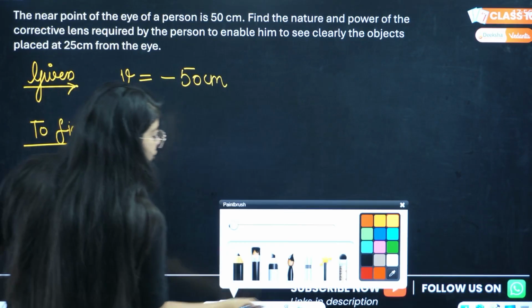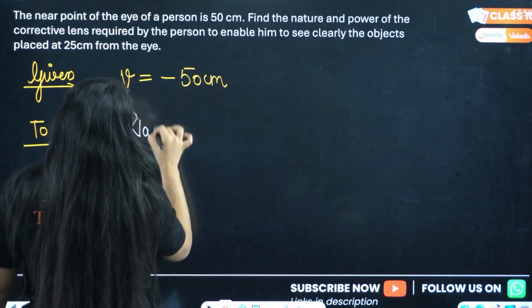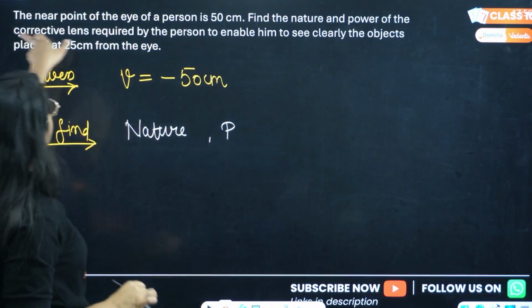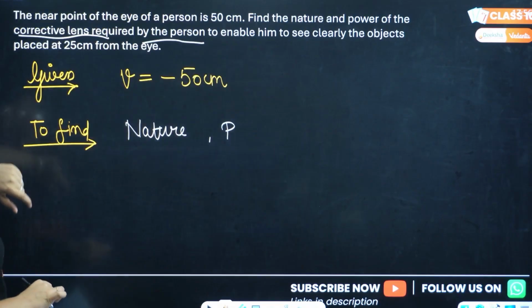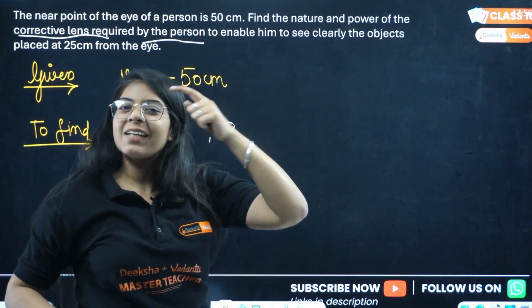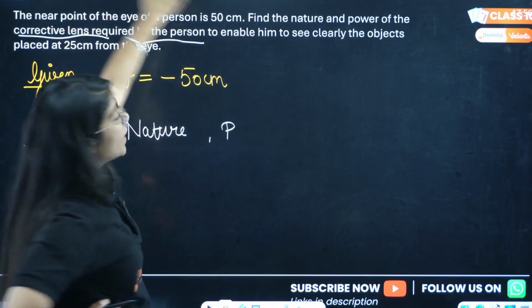the nature and power of the corrective lens required by the person to enable him to see clearly the objects placed at 25 centimeter. Now it clicked. Which defect are we talking about? See, his near point is shifted.